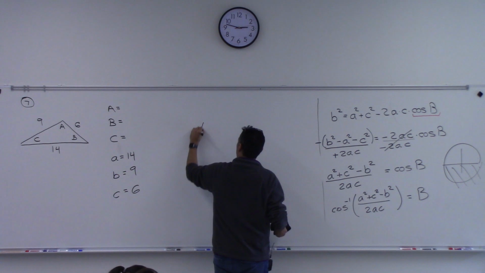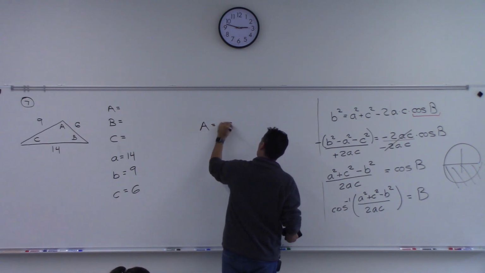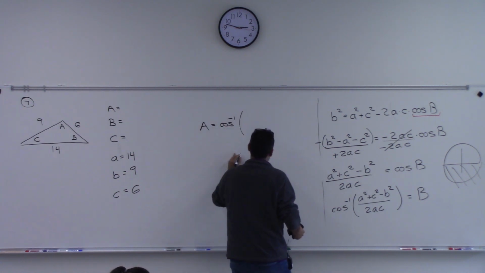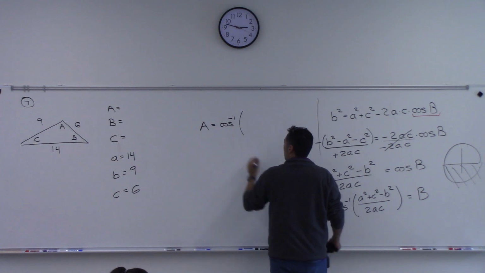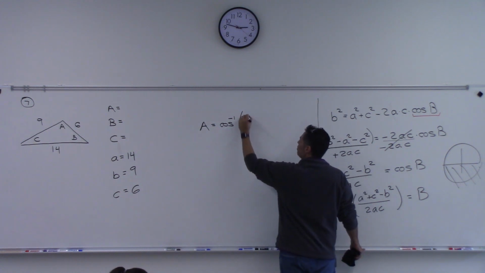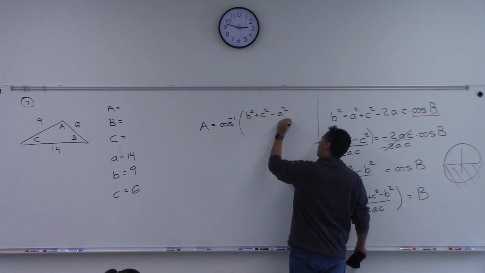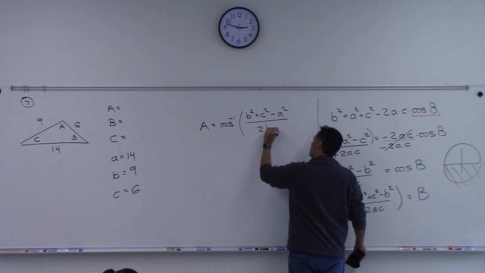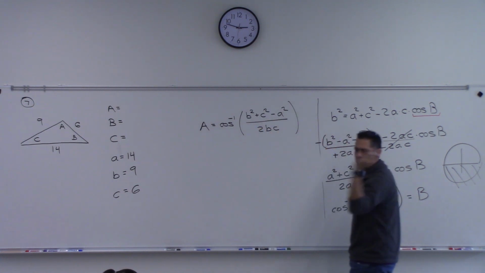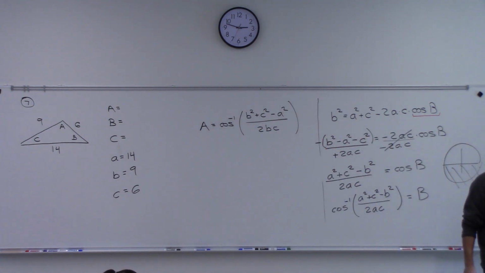All right, let's go. Capital A is the inverse cosine of, the way I remember it is that it's the other 2 letters, b squared plus c squared, then take away the a squared, then divide that by 2bc. You have it written down, right? So you don't have to memorize it.